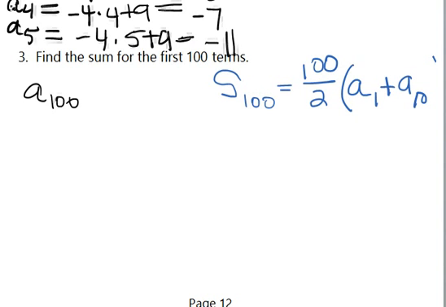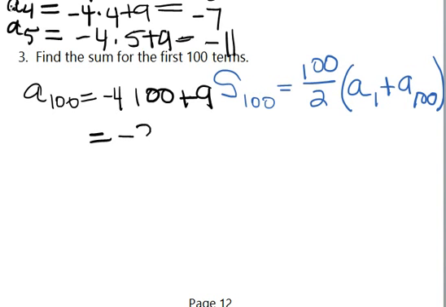We are given the first term, so that is easy, but we're going to need to calculate a sub 100. So I have negative 4 times 100 plus 9. Okay, and that equals negative 391.